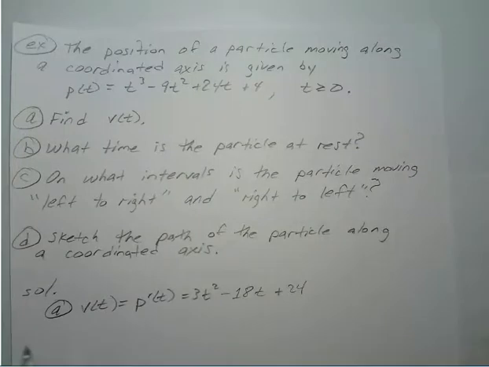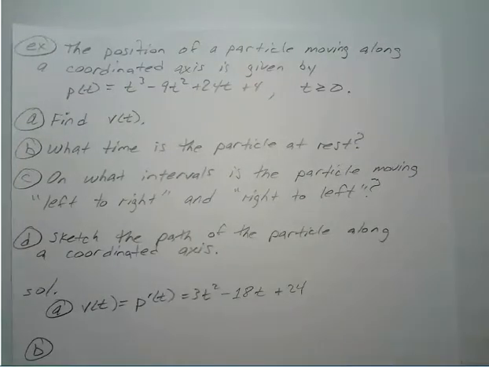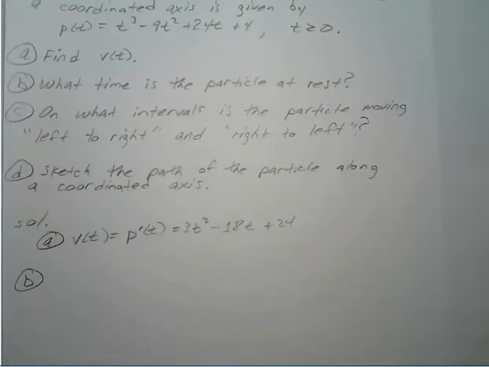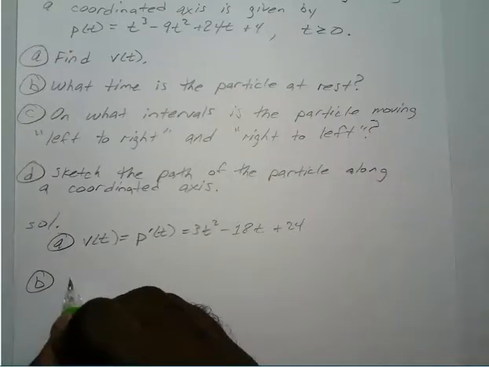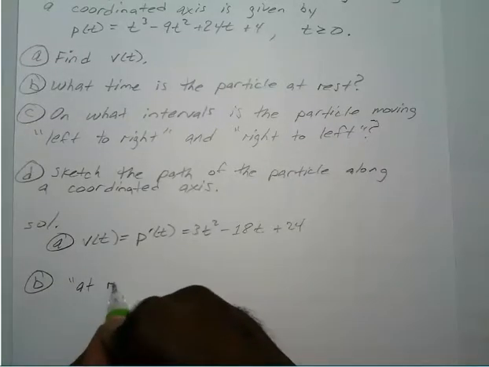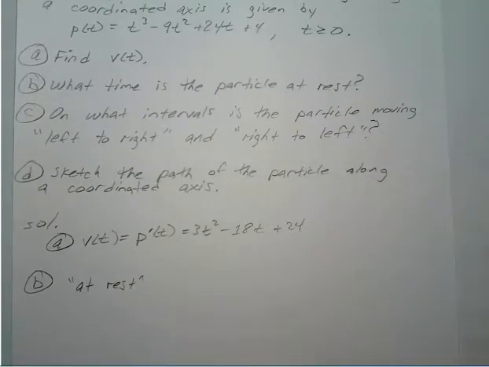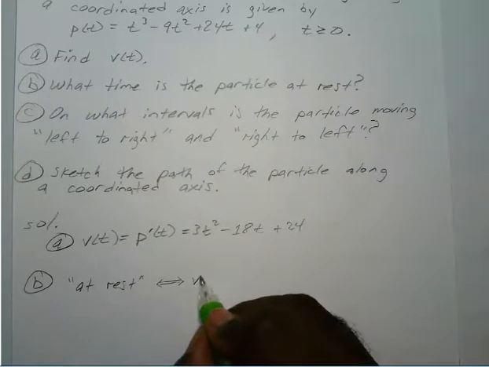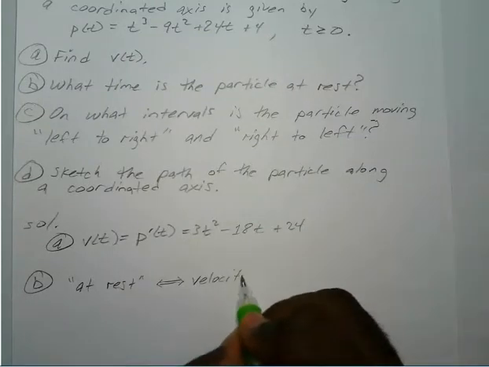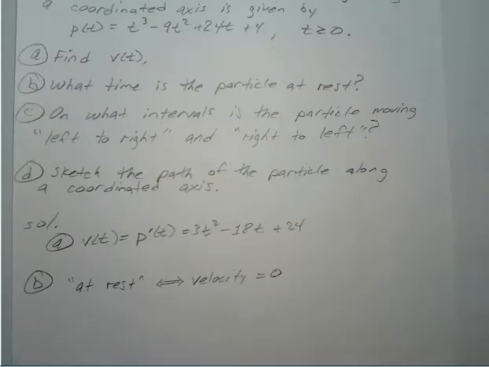Okay, so now we look at B. We have to find the time, not the interval, where the particle is at rest. Now when you see at rest, that's the exact same as looking for when the velocity equals 0.